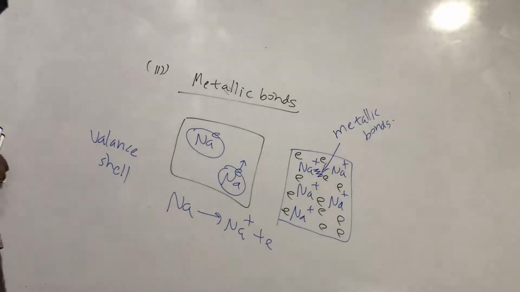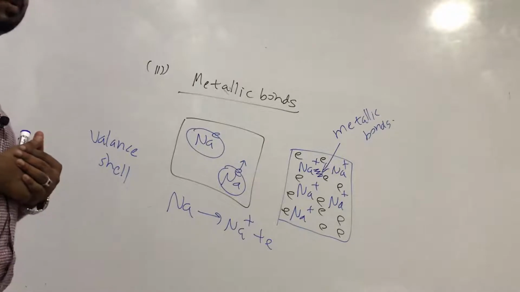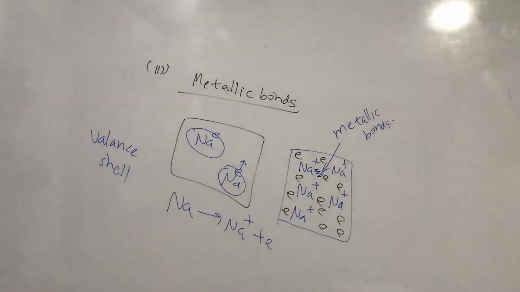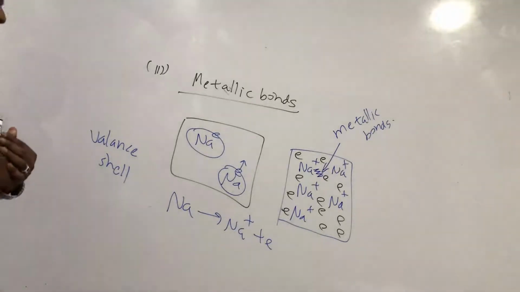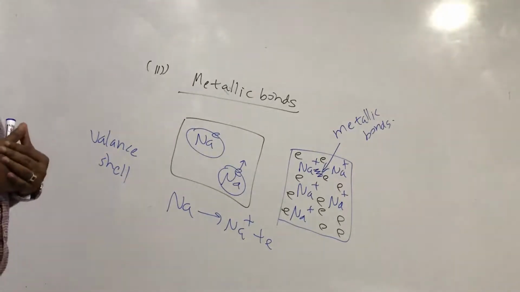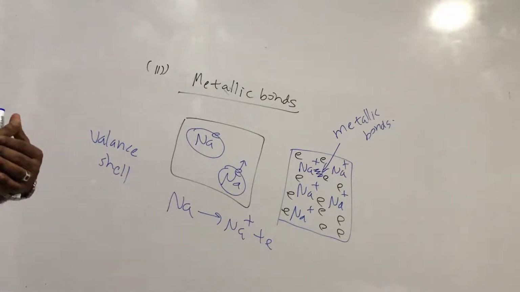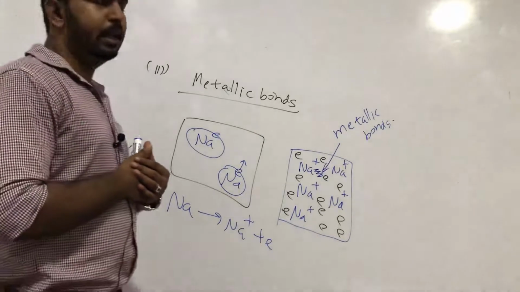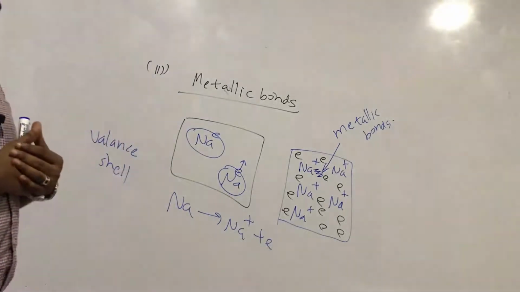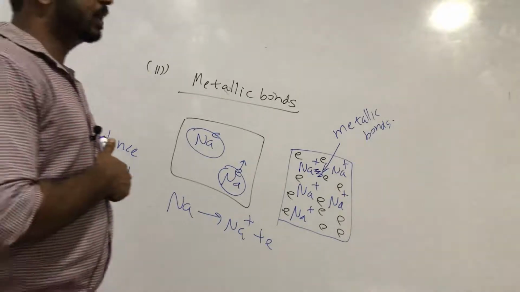Therefore, a pool of electrons is formed inside metals.